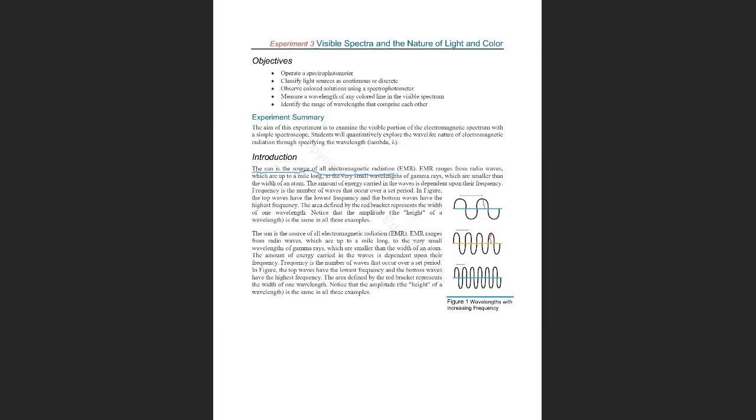Then we said that another characteristic of the wave is the wavelength. What is the wavelength? The wavelength is the distance between two adjacent crests. Here they are writing the distance between two adjacent crests. It's marked in blue. It's longer for the top wave.